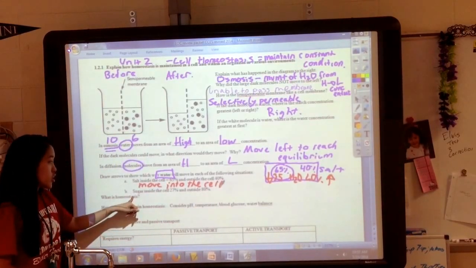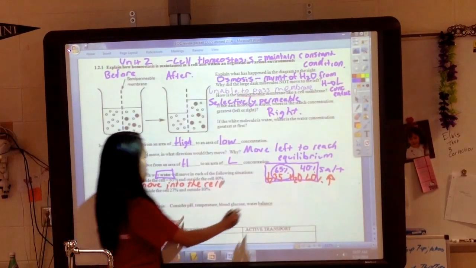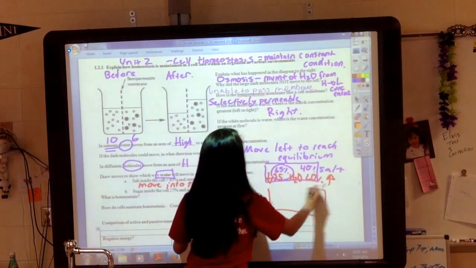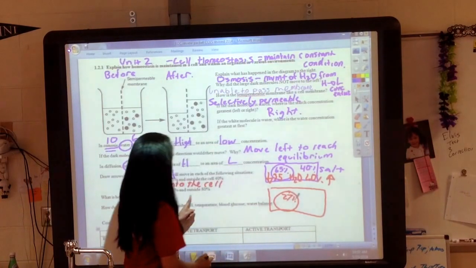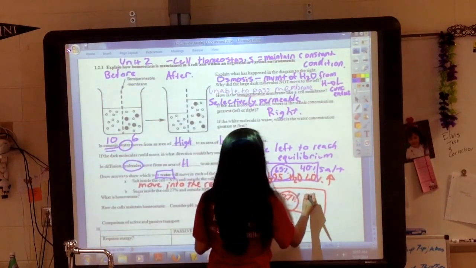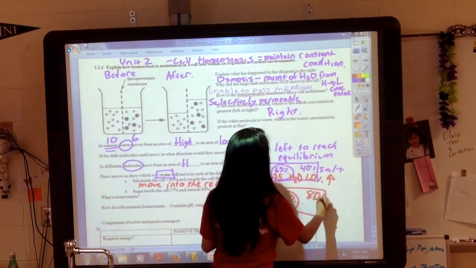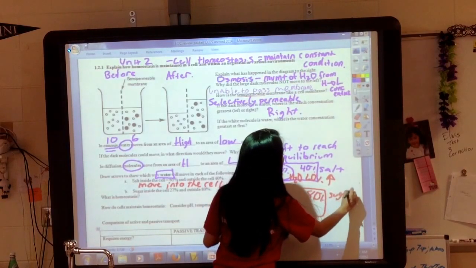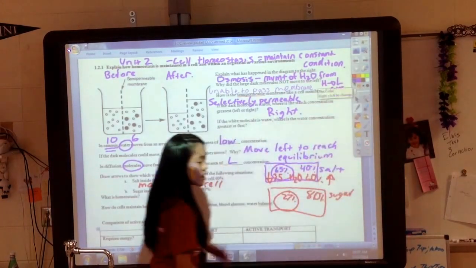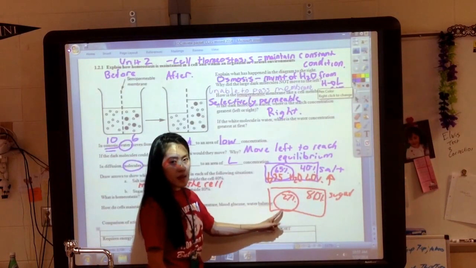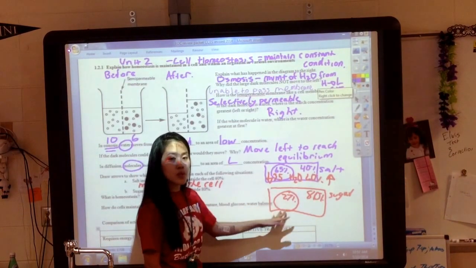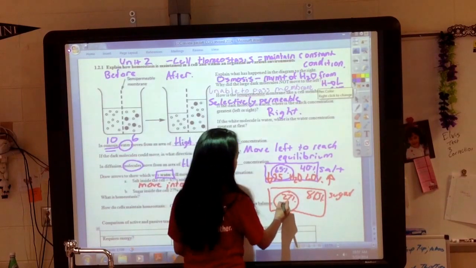Next it says sugar. Sugar inside the cell is 27%. So here's my cell again, 27% inside the cell. Again, we're talking about sugar. 80% outside. I'm going to change my color to label the water. If I have 27% inside the cell, I subtract 100 minus 27 to give me the amount of water.